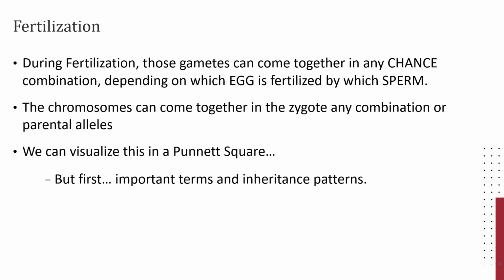All right, during fertilization, these gametes come together in any chance combination. So we started with big G in the male, and he produced two different gamete options, big G or little g. And then the female also could have produced big G or little g.